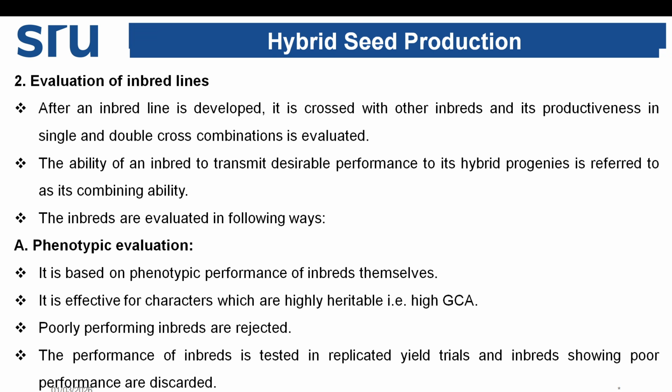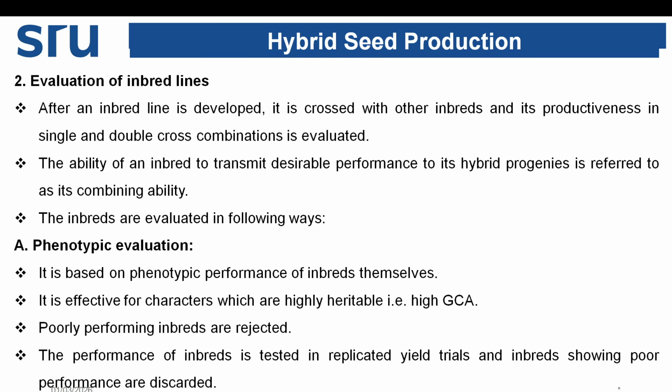Generally, you may be aware that combining ability is of two types: general combining ability, where we evaluate parents, and specific combining ability, where we evaluate to test the hybrids. These inbreds are evaluated in the following ways.